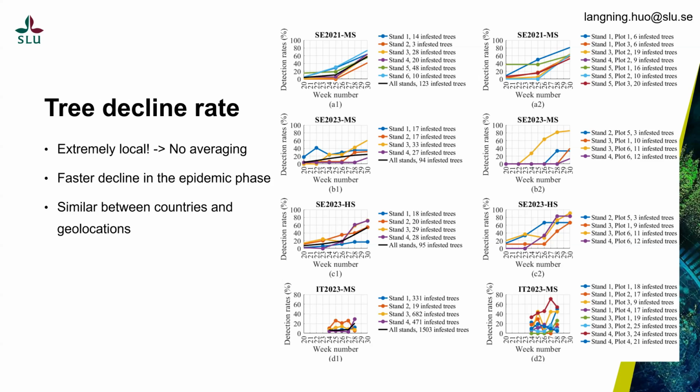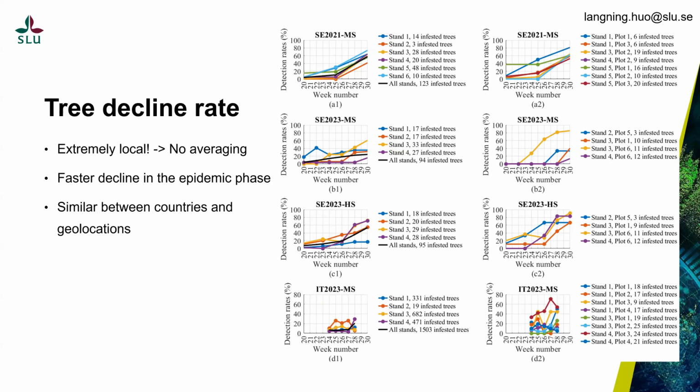When we start to look at individual patches, we see that they have a lot of variation. In some of the infestation patches, we can detect even 40 to 60% of trees in a very early week. And that's also the case almost across all the areas that involve several patches that are unmatched.